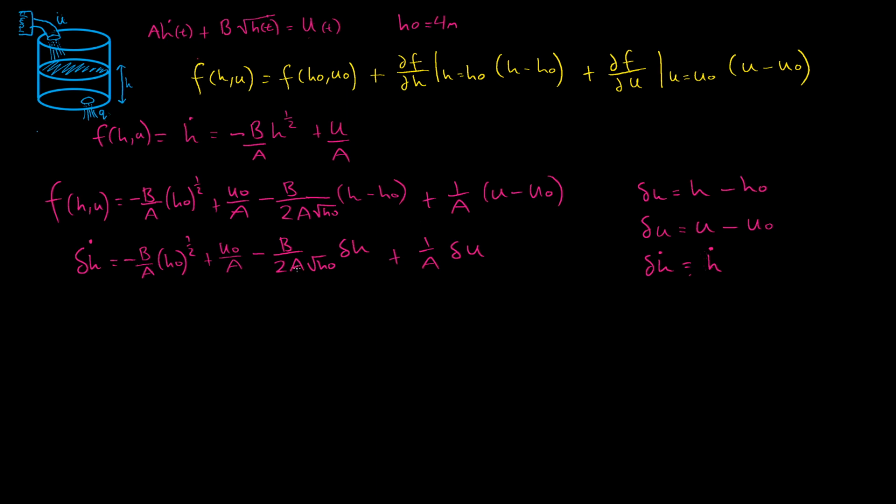We can take the A back over to the left-hand side, and we actually have a value for this HO. We have this value of 4, which is our desired height, so let's substitute that back in.